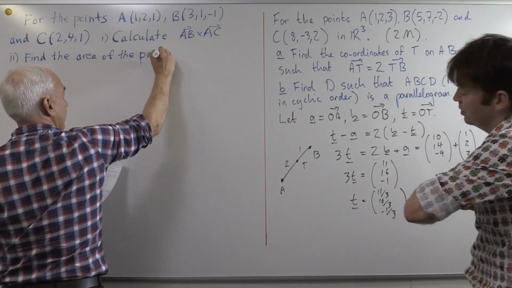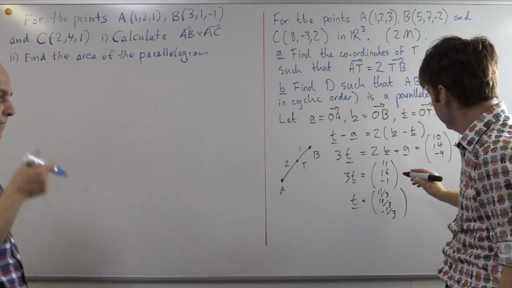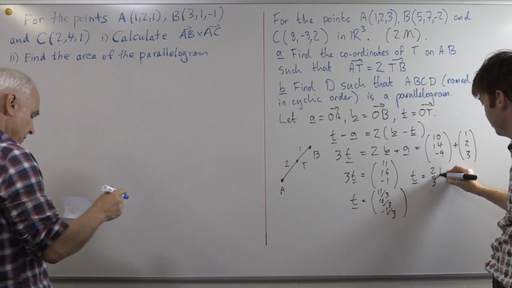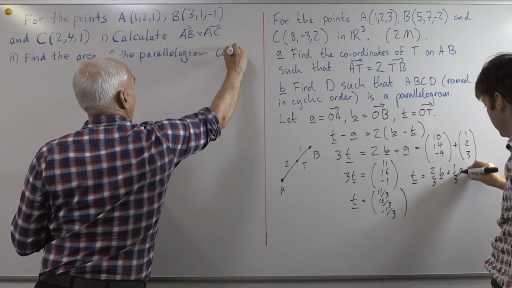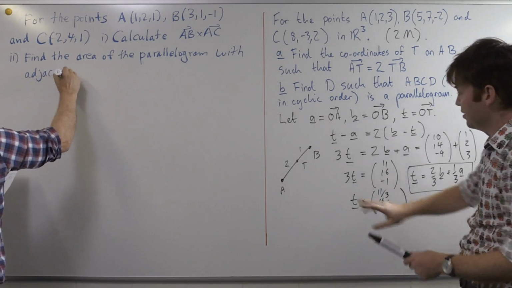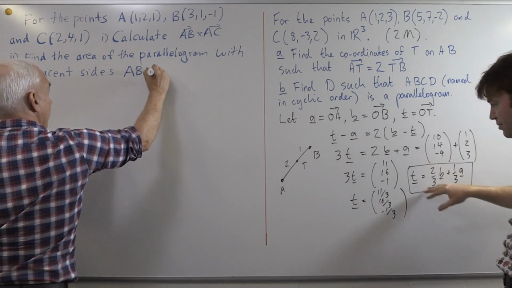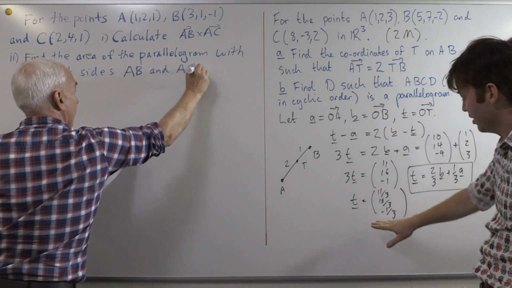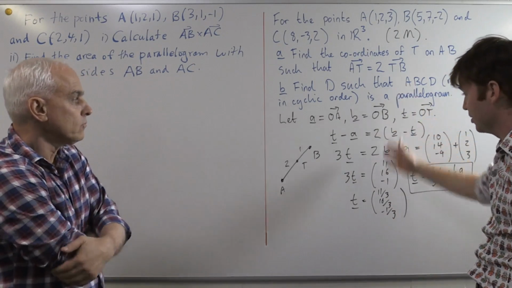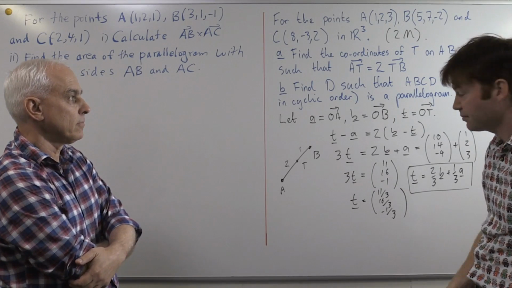So you can kind of see from this that T is equal to 2/3 B plus 1/3 A, like that. Which tells you it's closer to B, it's got more of B in it than it has A. But this is nice geometric understanding, and really this is what you do in the question. You don't need to draw a diagram, and in fact I recommend for this question you just solve this algebraically.